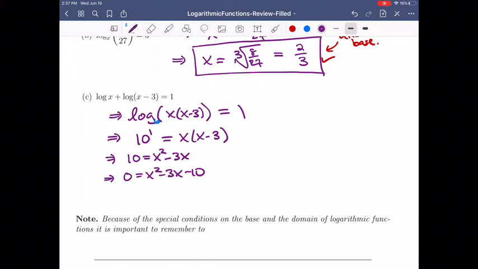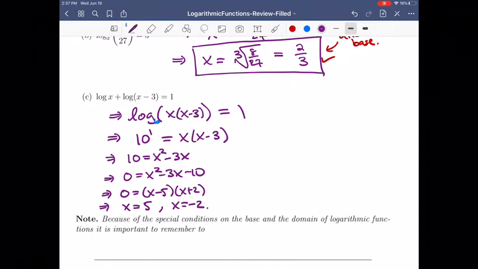So I want to factor this, and it factors as x minus 5 times x plus 2. So I get x equals 5 and x equals negative 2. Now, I want to be careful, so we should check that these work. If I check x equals 5 and plug that in, that's log base 10 of 5 plus log base 10 of 5 minus 3, equals 1.